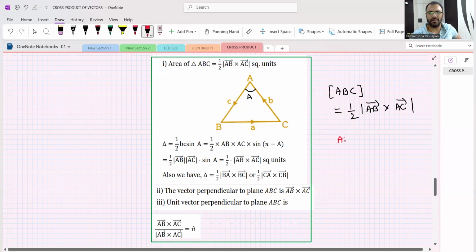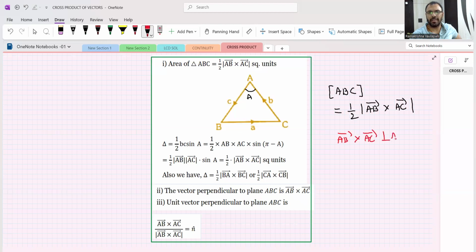AB bar cross AC bar is perpendicular to AB bar and also AC bar. So this is the normal to plane ABC, or you can say triangle ABC.